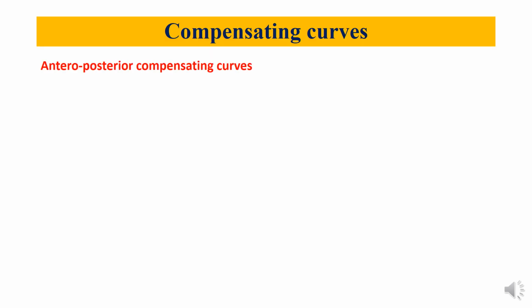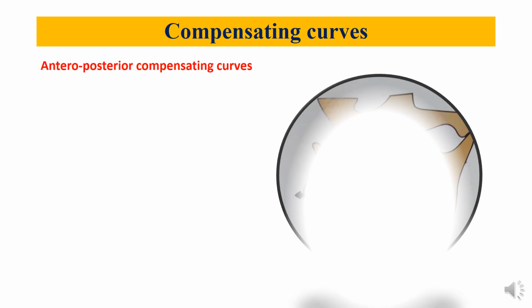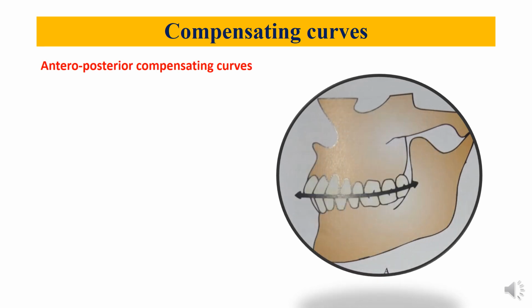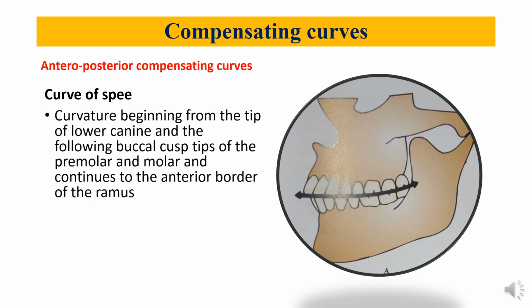Now let's see what the compensating curves are. We have anteroposterior compensating curves and lateral compensating curves. First, let's see the anteroposterior, in which we have the curve of Spee. Curve of Spee means what? It is the curvature that begins from the cusp tip of the lower canine, follows the buccal cusp tips of the premolars and molars, and continues to the anterior border of the ramus.